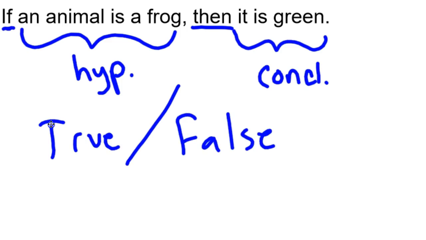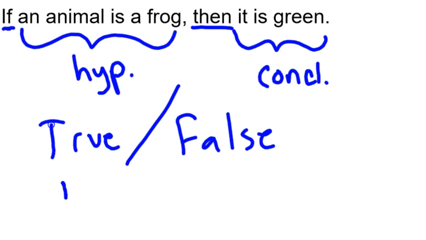Truth is sometimes very hard to prove. We have to talk about how we prove different things in geometry, and we're going to spend some time with that. But truth can sometimes be challenging. Now, to prove something false is really easy.